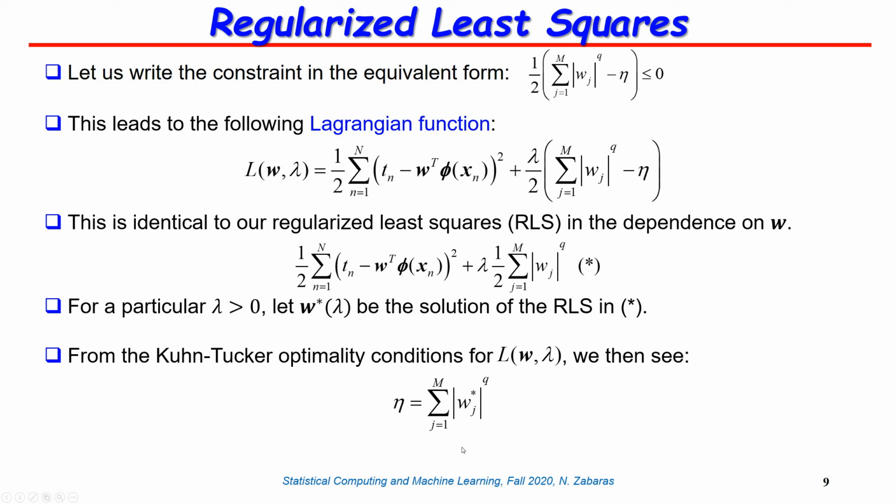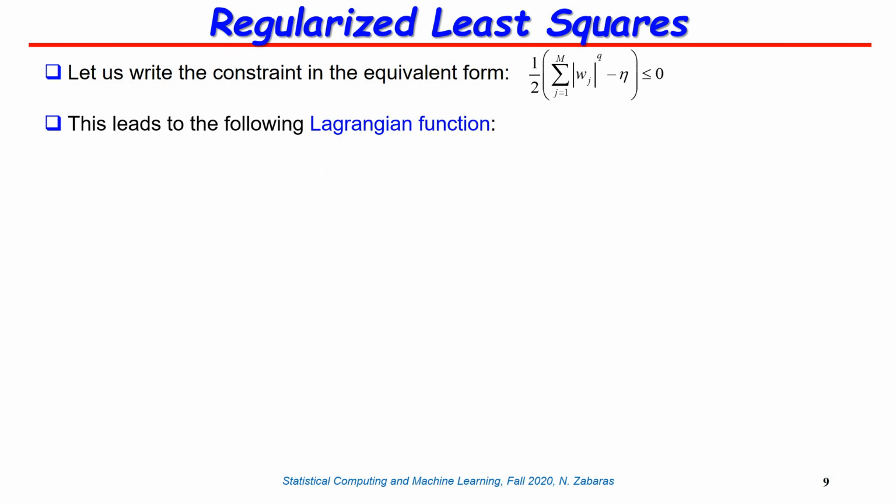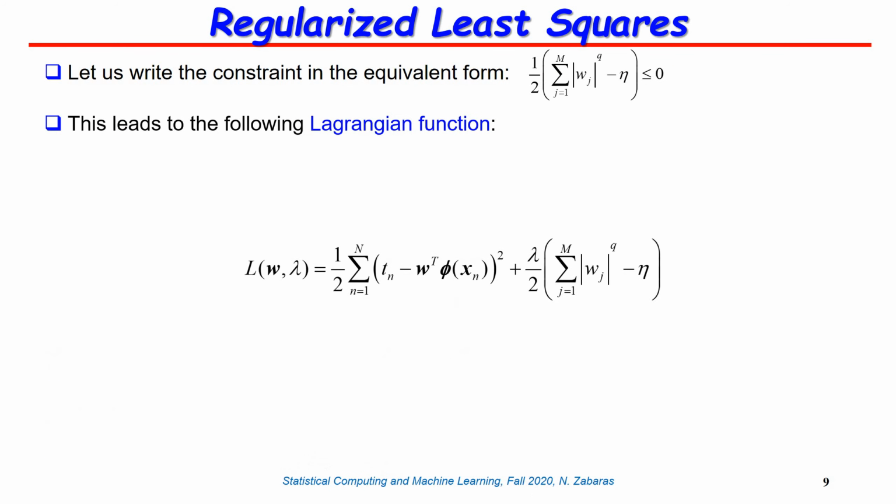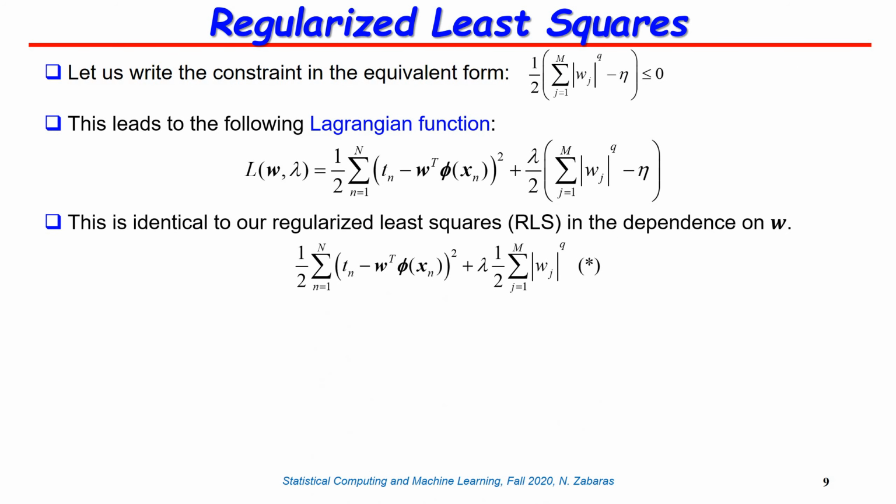is given by this nice expression where W star is the regularized least squares solution that we obtained for a particular lambda. Okay, so for that lambda and using W star, we define what that eta is that specifies the constraint that we saw in this geometric representation of our regularization problem. So it's nice.